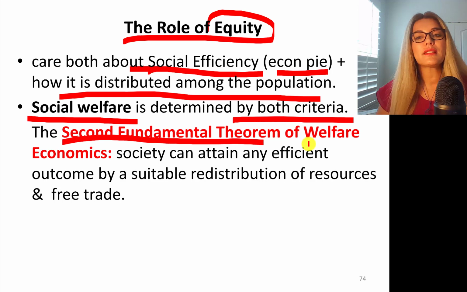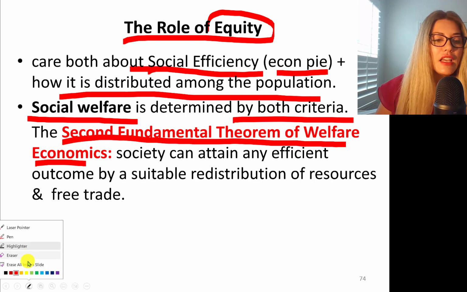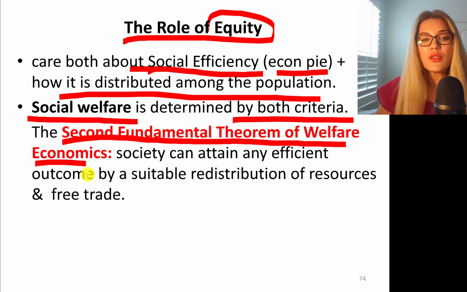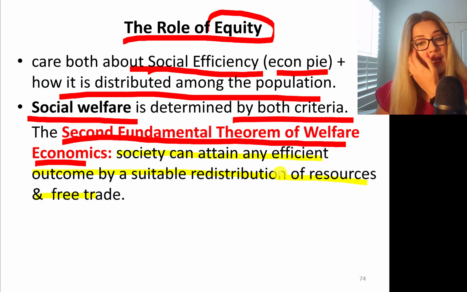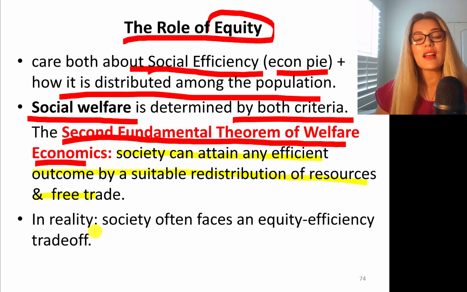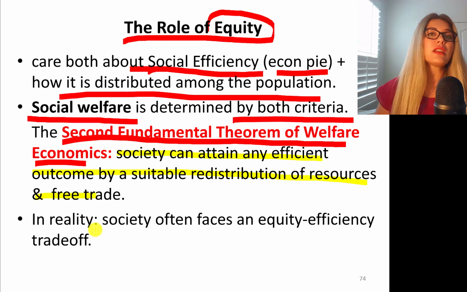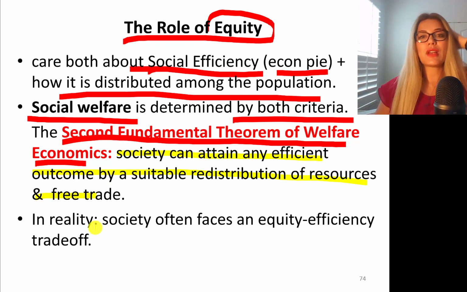The second fundamental theorem of welfare economics says that society can attain any efficient outcome by suitable redistribution of resources and free trade. In reality, however, society more often faces an equity versus efficiency trade-off.